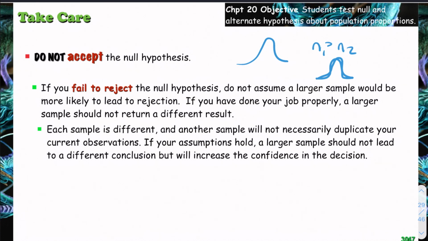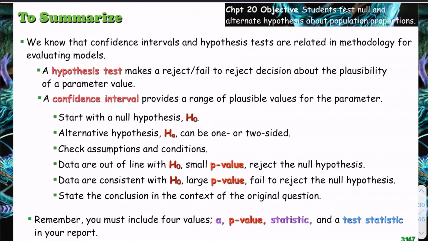If we followed these techniques, our data should hold true. Each sample is different, and another sample will not necessarily duplicate your current observations. If your assumptions hold, a larger sample should not lead to a different conclusion, but will increase the confidence in the decision. And that's what we're really going for. If you increase n, you're going to increase the confidence in our decision.